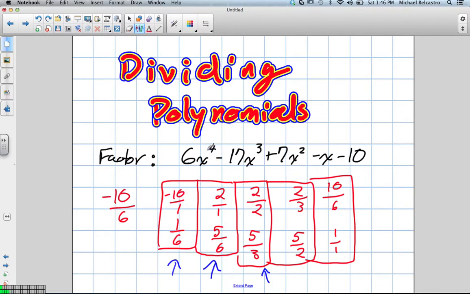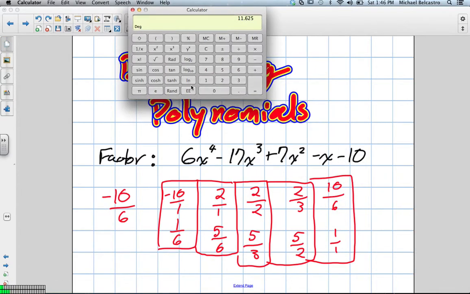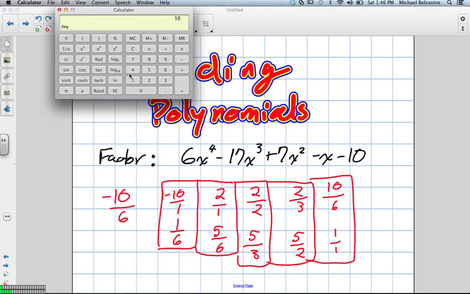When I put 10 in here, I'm going to get 4,000. I'm looking at something that's probably not going to work with the 10s. We'll see if we can quickly bring it up. But 10 to the power of 4 times 6. All right, so we're looking at 60,000. Okay. And then 10 to the power of 3 times negative 17.